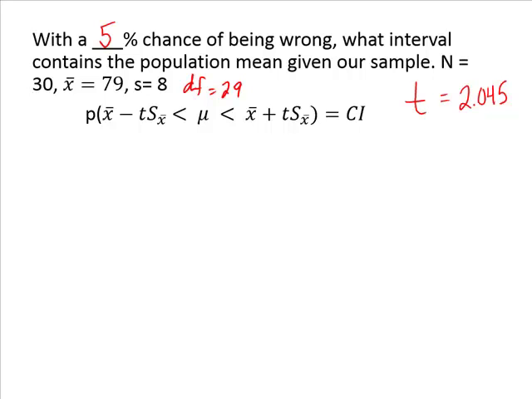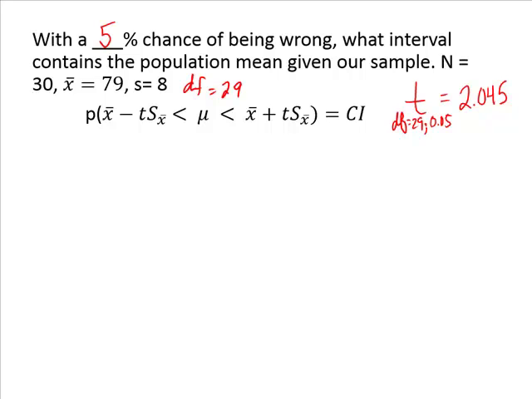How we write t, there's a couple of different things that you can do. Sometimes people like to put the degrees of freedom. Other times people will do that, and they'll also put what their alpha is, so 0.05.